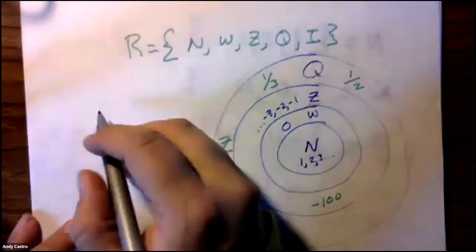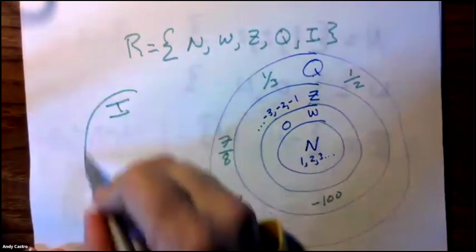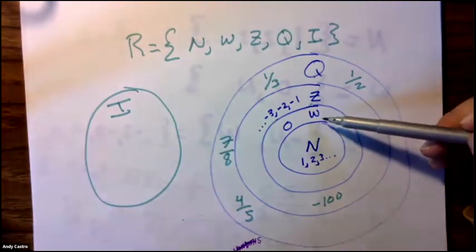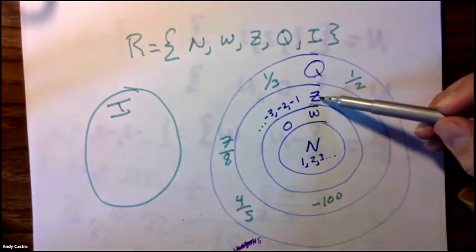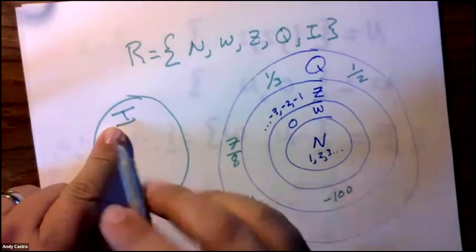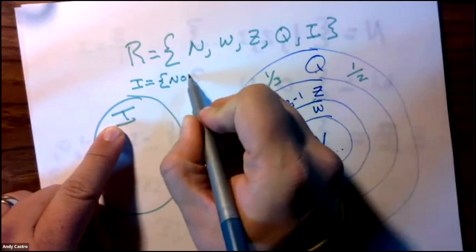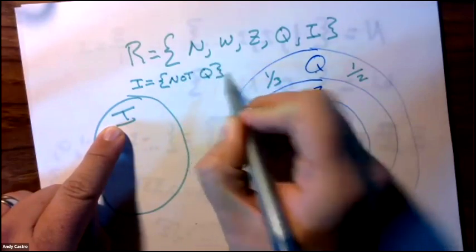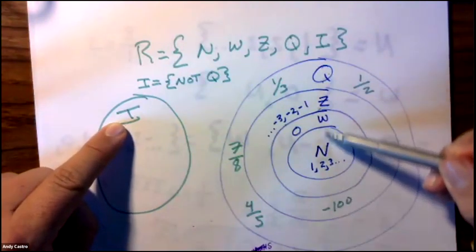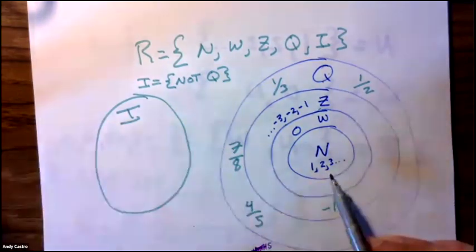All right, irrational numbers are over here because irrational numbers do not contain the natural, the whole, the integer, or the rational. Why? Because remember, irrational numbers are defined as not rational. If they're not rational, and your rational numbers include all of these, that means your irrational numbers cannot include these.